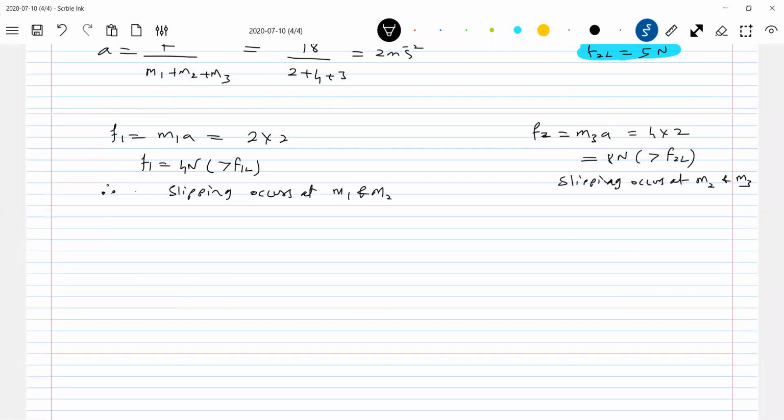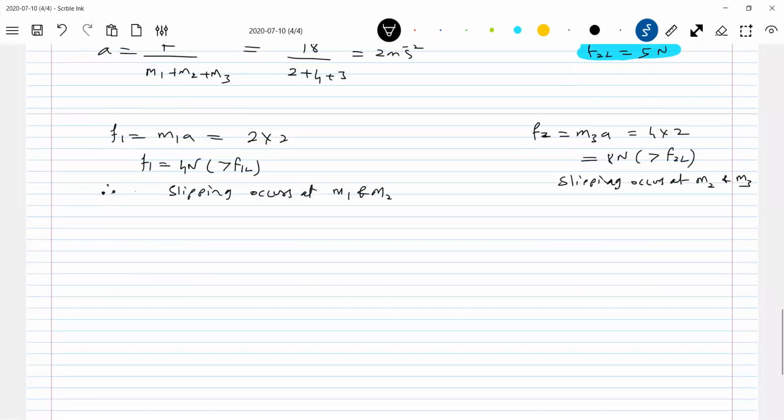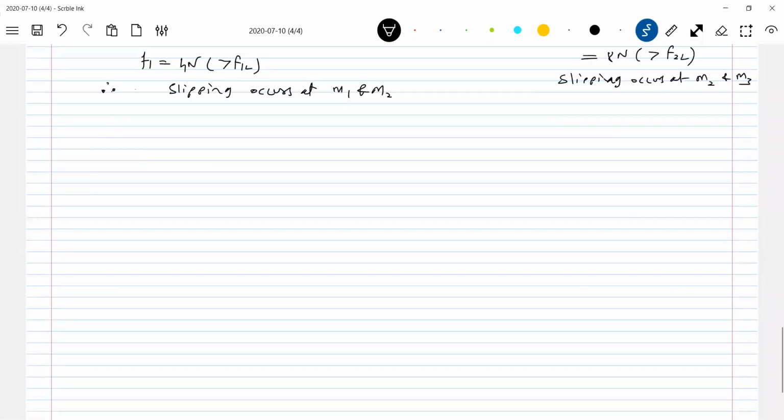So is what we assumed right or wrong now? It's wrong. So what is the next option possible? One more, just cross check. So this is the second thing. What is the second assumption I'll make?